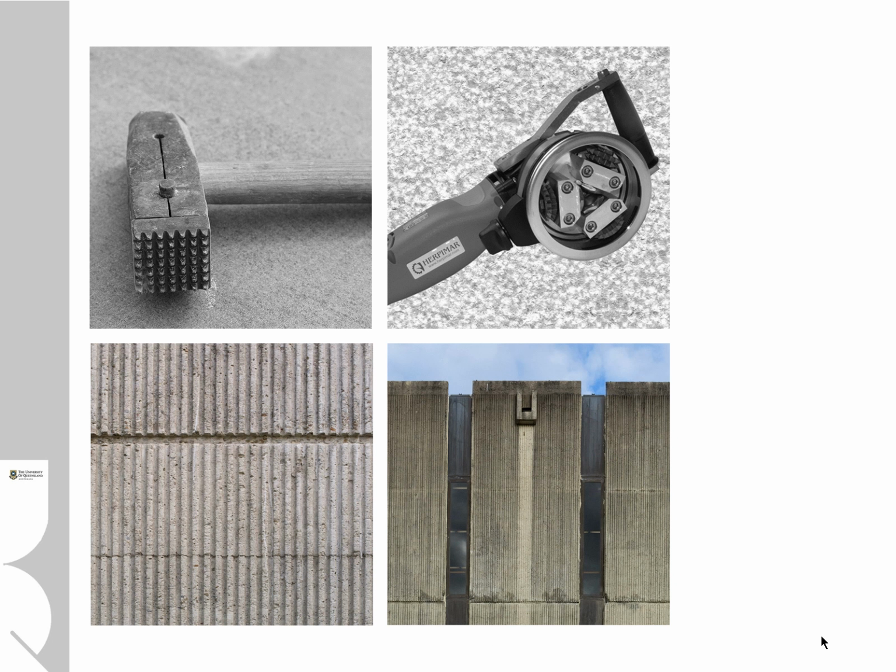Now, the other way of disguising off-form concrete imperfections is to work it somehow with mechanical tools. This is the older side, or the original part of the biological sciences library, which had a distinct pattern in the formwork.